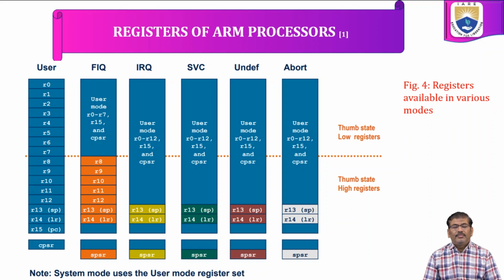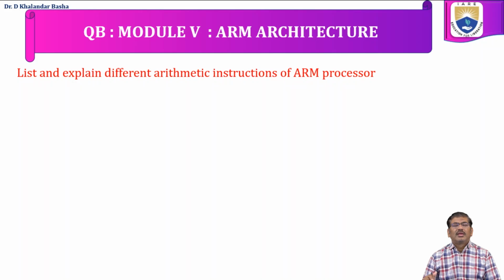In UNDEF mode, R0 to R12 will be used and CPSR is used. In abort mode, R0 to R12, R15 and CPSR are used. For thumb state, the lower 8 registers are used as thumb state low registers, and R8 to R15 are considered thumb state high registers.